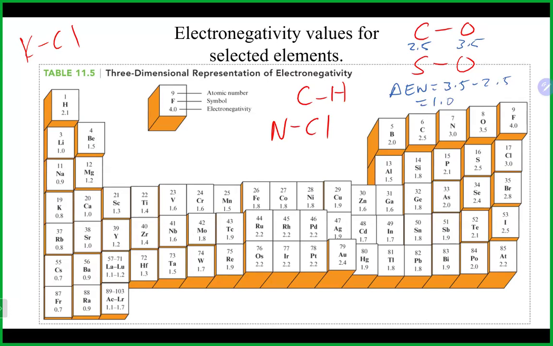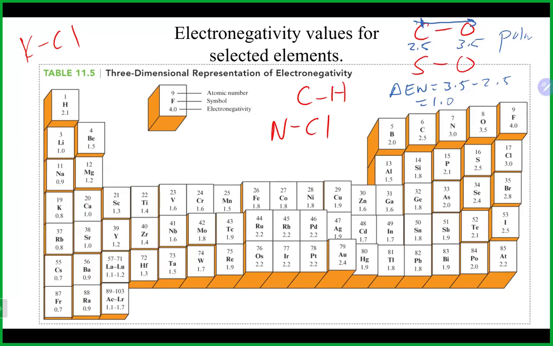That is above 0.4 but less than 2, which tells us this bond should be polar. We should draw the arrow pointing to the more electronegative oxygen. Any questions on that one?